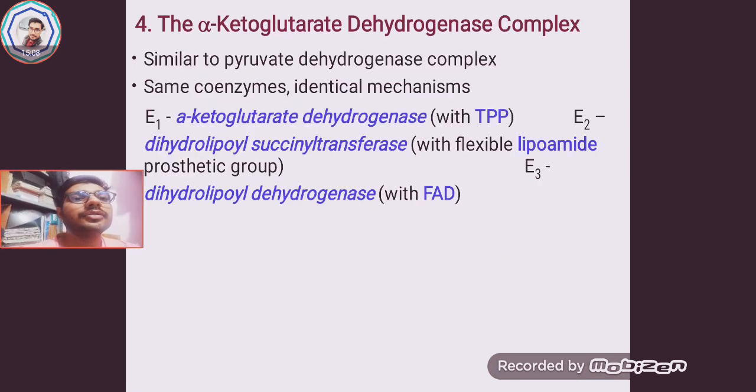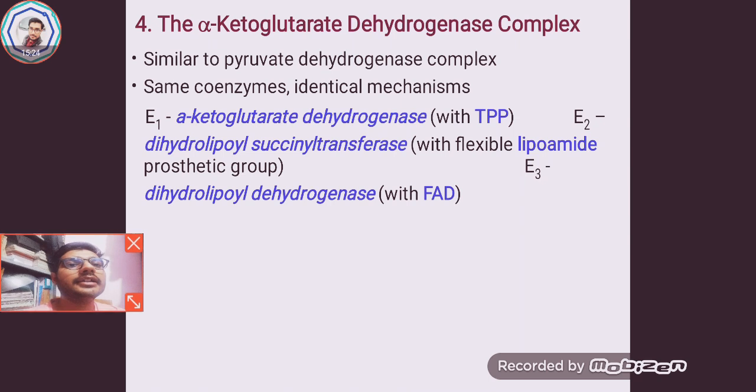The alpha ketoglutarate dehydrogenase complex is similar to the pyruvate dehydrogenase complex, with the same coenzymes and an identical mechanism.